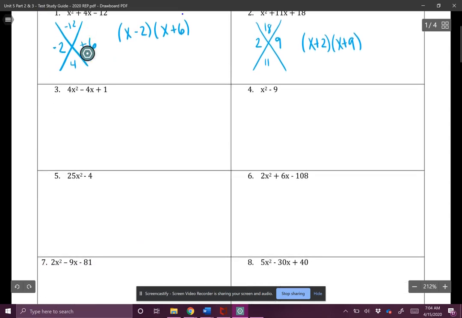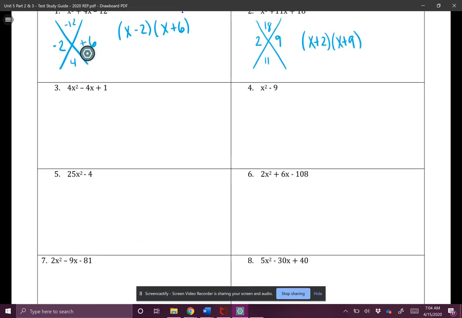All right, let's look at number 3. When I look at this, I have 4 and 1. 4 and 1 are both perfect squares. So that means that this is a perfect square trinomial. And I know that because of 3 reasons, one of which I just mentioned. I can take the square root of 4 and the square root of 1.